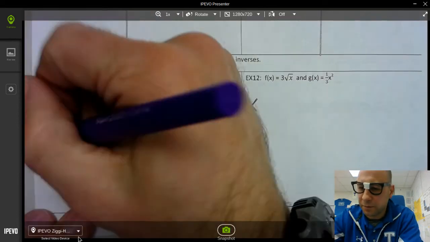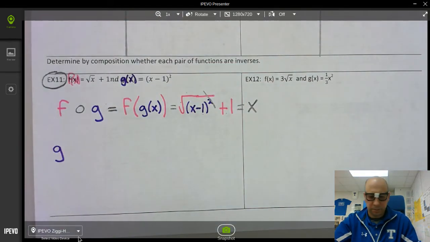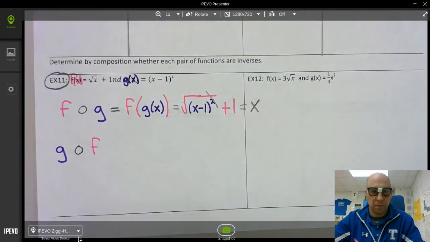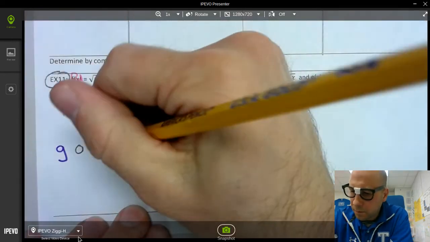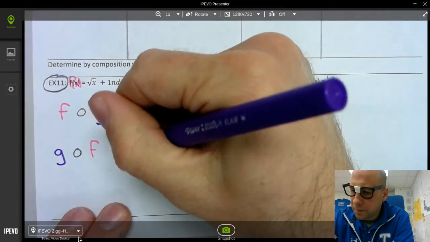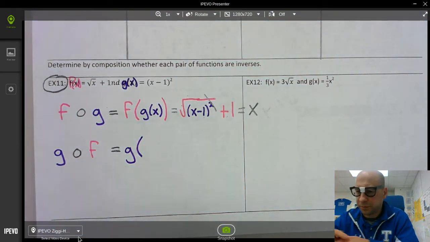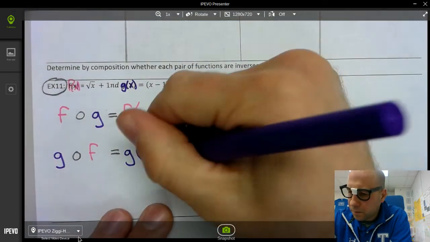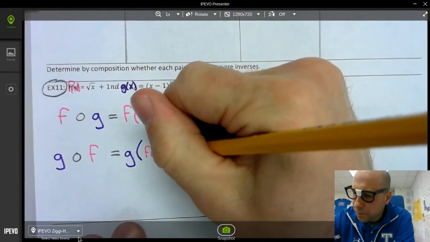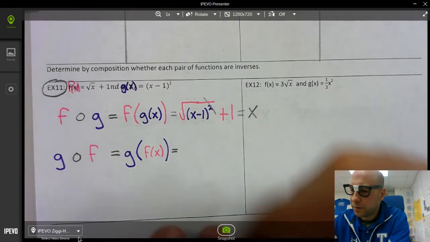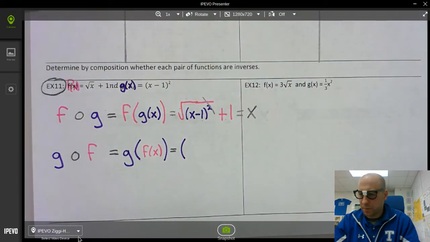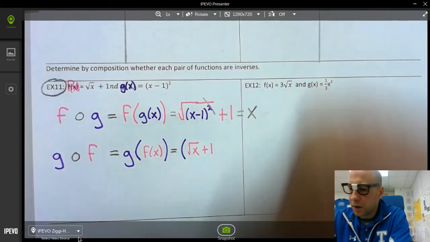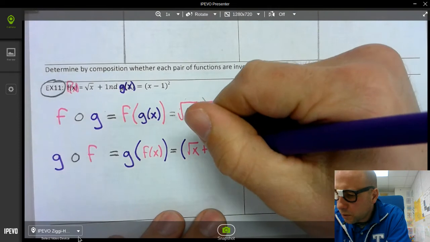Now we need to do g of f. So that's g of f of x, so that is... I'm purposely using color so you can see where things go.